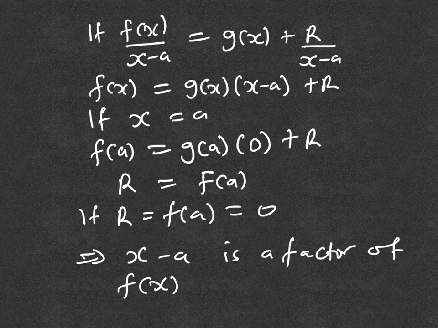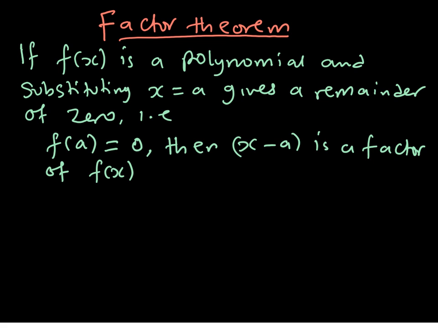Okay, so let's write something small about the factor theorem, and then we see how we can use the factor theorem in discussing this part of polynomials, and how we use the factor theorem to factorize polynomials. The factor theorem states that if f of x is a polynomial and substituting x is equal to a gives a remainder of 0, then x minus a is a factor of f of x.